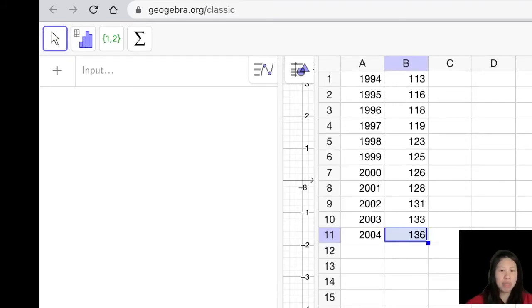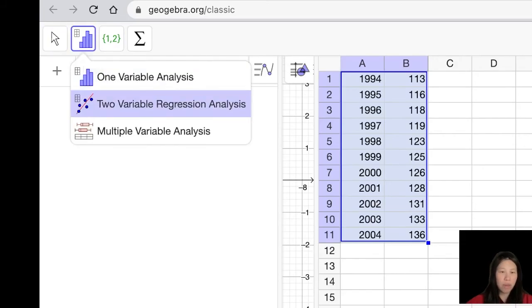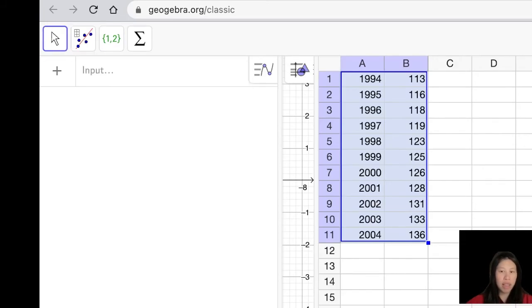After you type in the data, the left column is going to be the year. Column B, which is the right column, is going to be the gasoline consumption. So we highlight the data and click on the icon on the upper left and choose the two variable regression model.